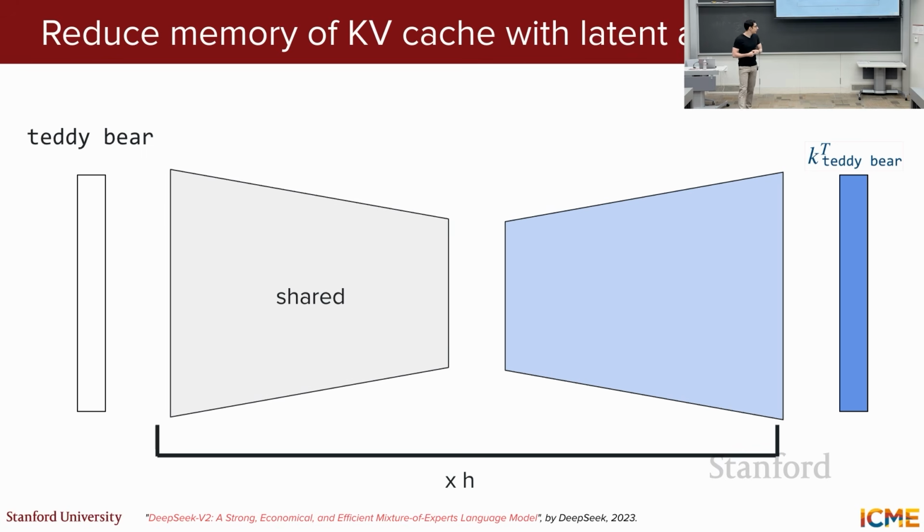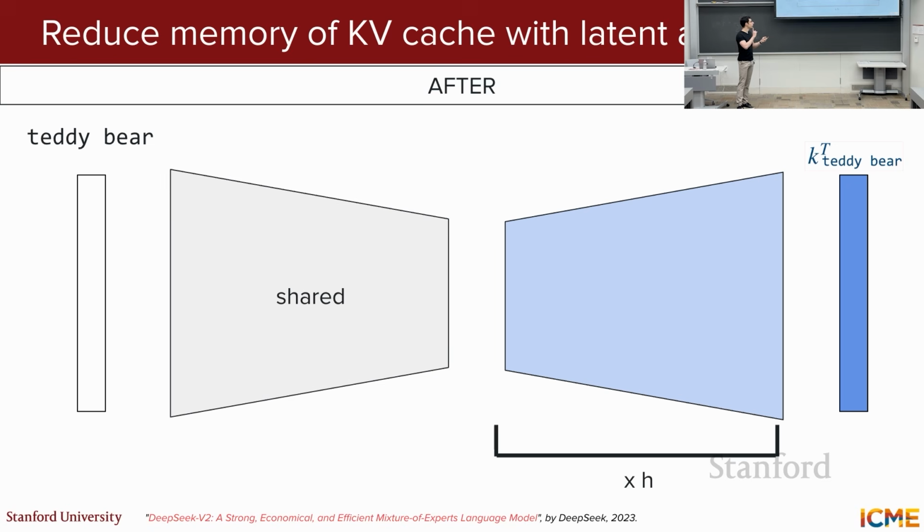But one simplification here has been to share it across keys and values, and even better, share it across the H heads. So instead of having H such embeddings, you have just one. You do that for key, you do that for value. So at the end of it, for every transformer block, you have a single representation per token. Does that make sense?